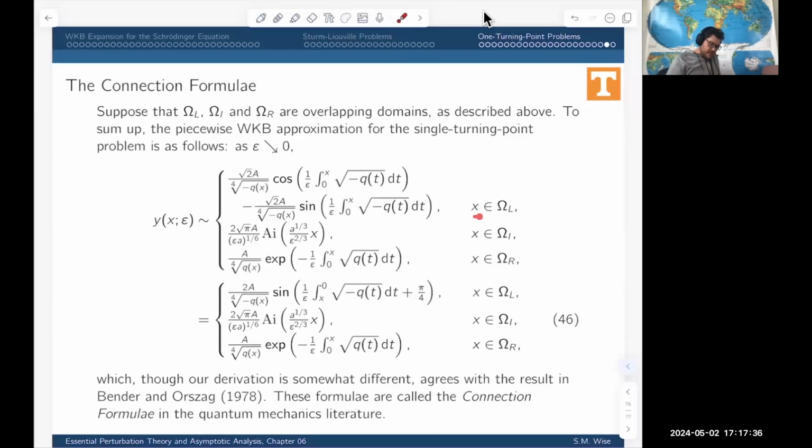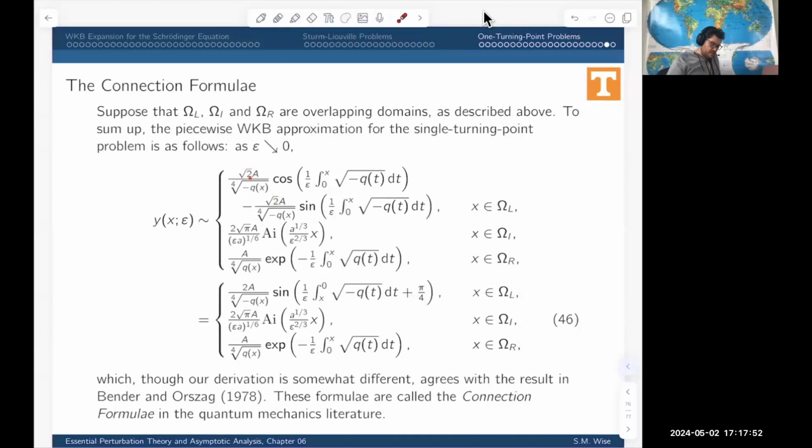So remember in the left-hand region now we've deduced that we have the sine and cosine. All we had to do there is figure out what the values of E and F should be. So we're plugging those in.